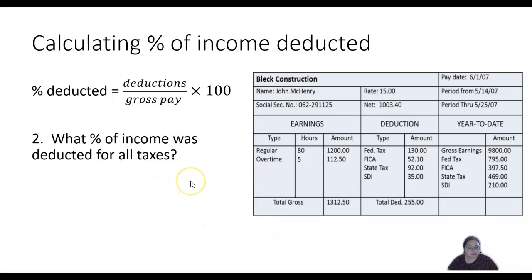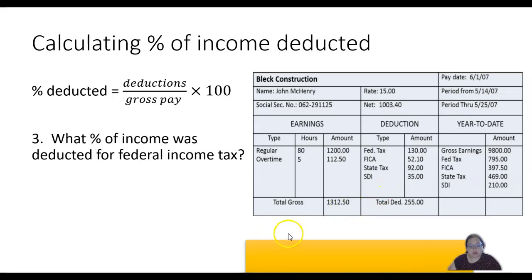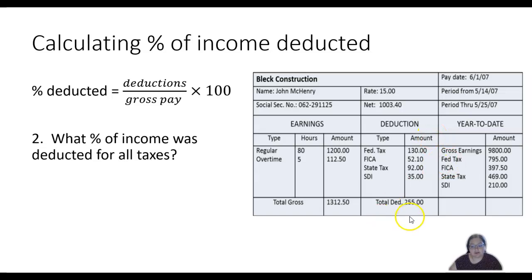What percent of income was deducted for taxes? So our taxes, because we're looking at all taxes, we're not including the disability insurance. So we're going to add up these three taxes together, get that total, and then we will find the percent deducted. So for this problem, it looks like we've got 130 plus 52.10 plus 92, and we're going to figure out what that equals first.